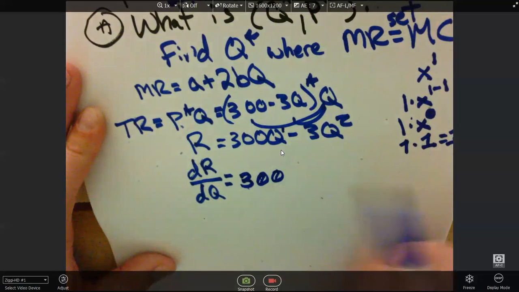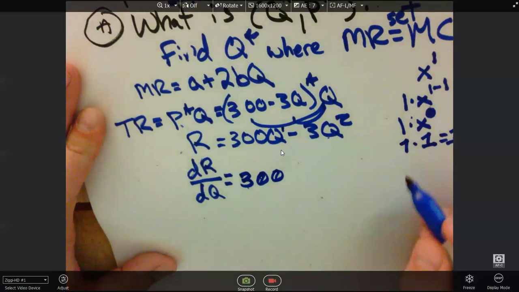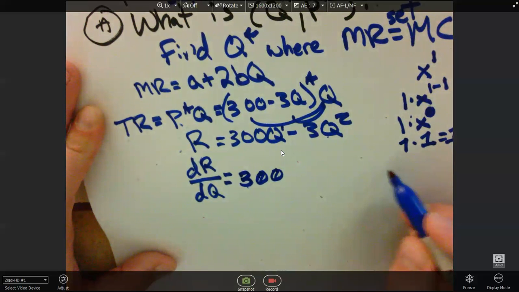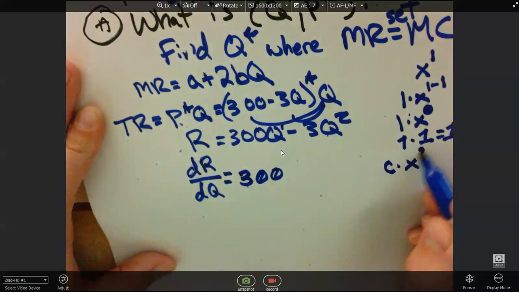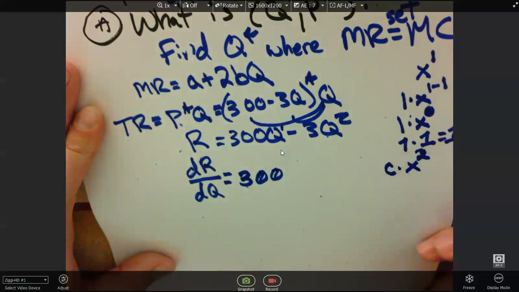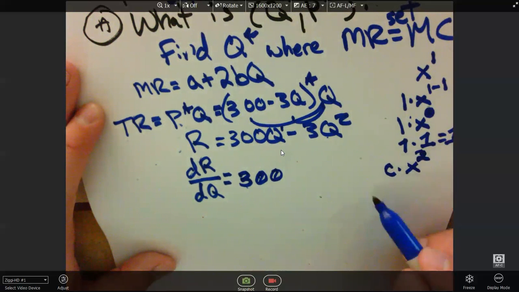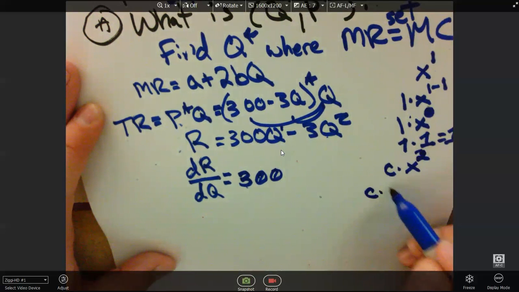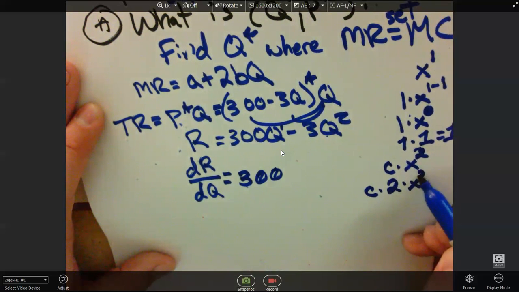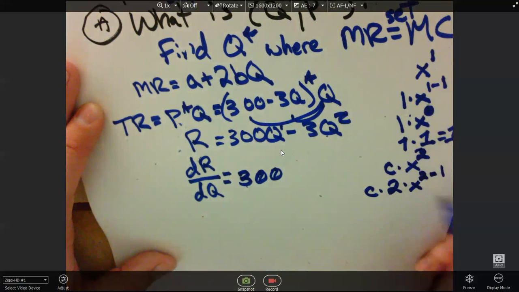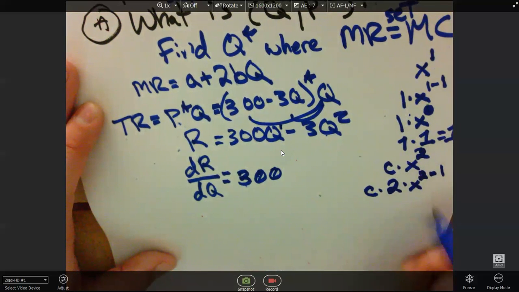And then we're going to do the same kind of thing here. Let's say we had c times x squared, where c is a constant. We're going to use our extended power rule. So it's going to be c times 2 times x to the 2 minus 1, and x to the 2 minus 1 is x to the 1.